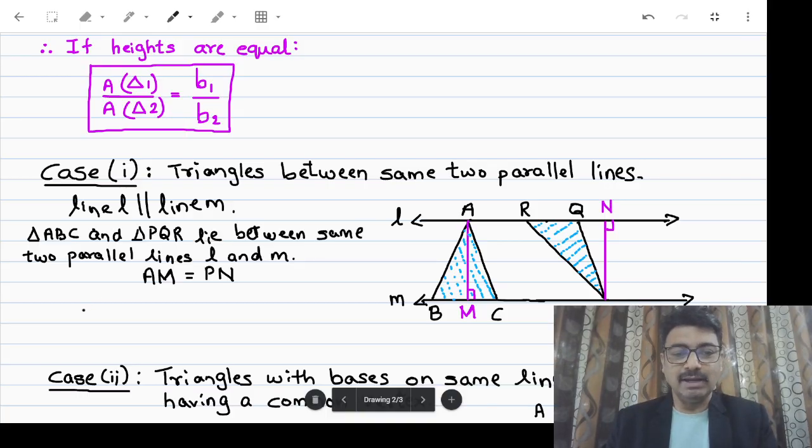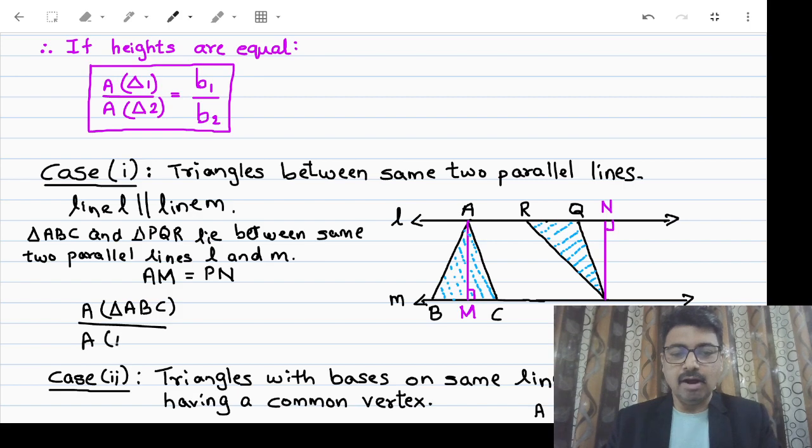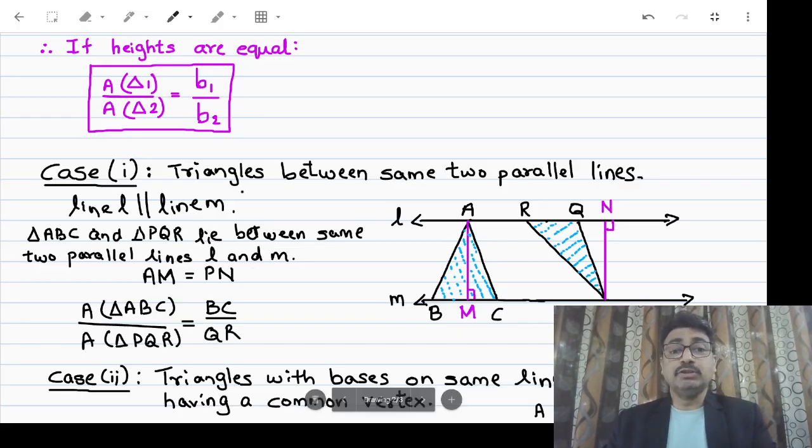So here we can write area of triangle ABC upon area of triangle PQR will be equal to the ratio of their bases, which in this case are BC upon QR. Right? So the first case where the heights are equal is when the triangles lie between the same two parallel lines. Let us try to understand the second case.